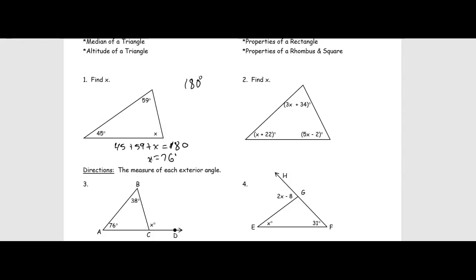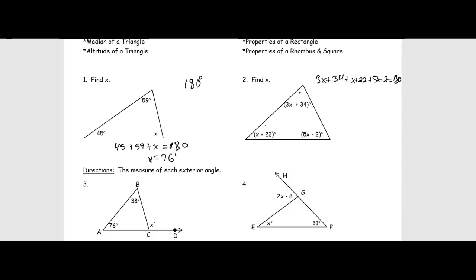All right. 2 is an equation. This one you're just going to add everything up, where all of these have to add up to be 180. So you're going to get 3x plus 34, that's one of our angles, plus x plus 22, plus 5x minus 2 has to equal 180 degrees.